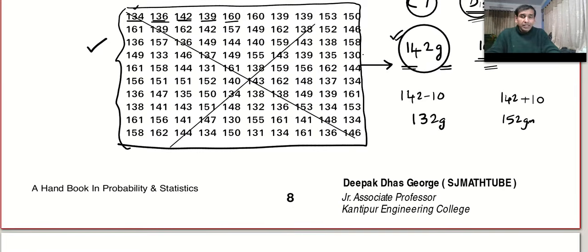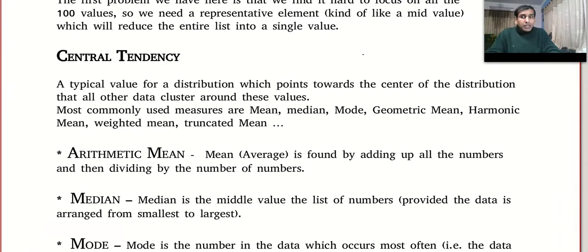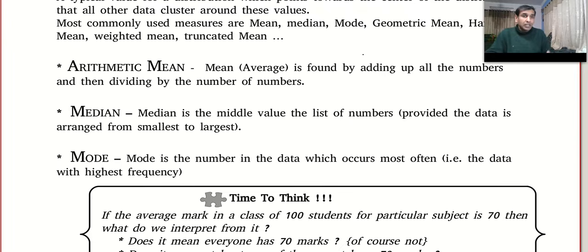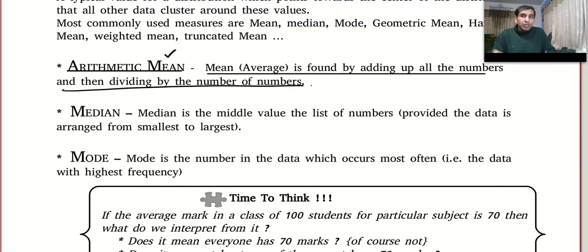Now look at this. There are many measures of central tendency, and all the measures work with different logic. For example, if you want to calculate the arithmetic mean, then you add all the data items and divide by the total number.